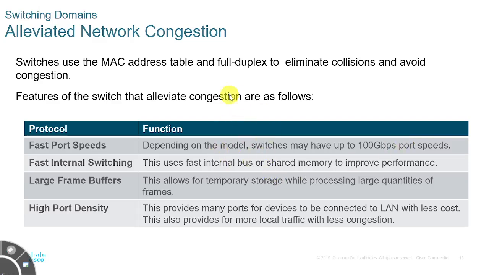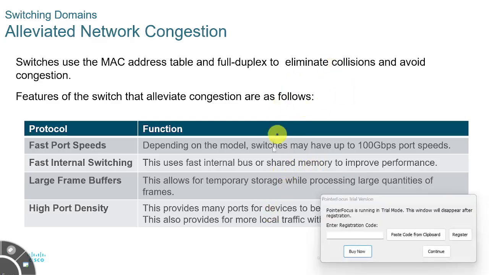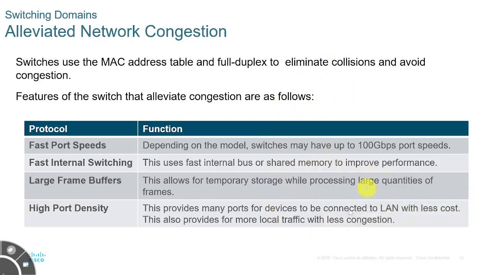And we can use internal buses inside the port to improve the performance, because internal buses make the communication internally very fast, and we use shared memory instead of accessing another memory. So we use shared memory to improve performance.